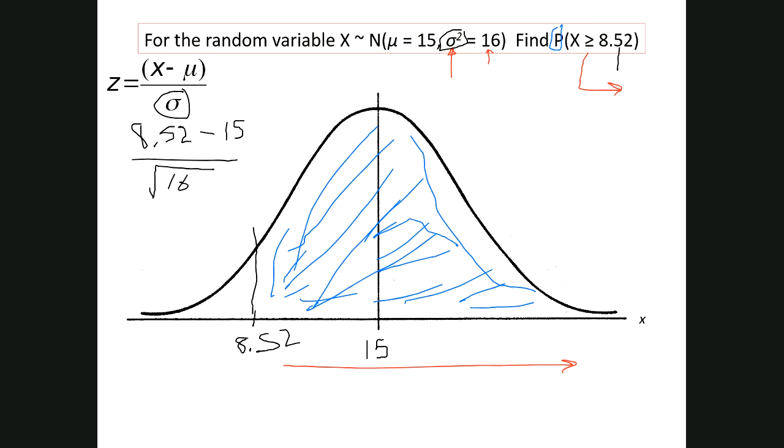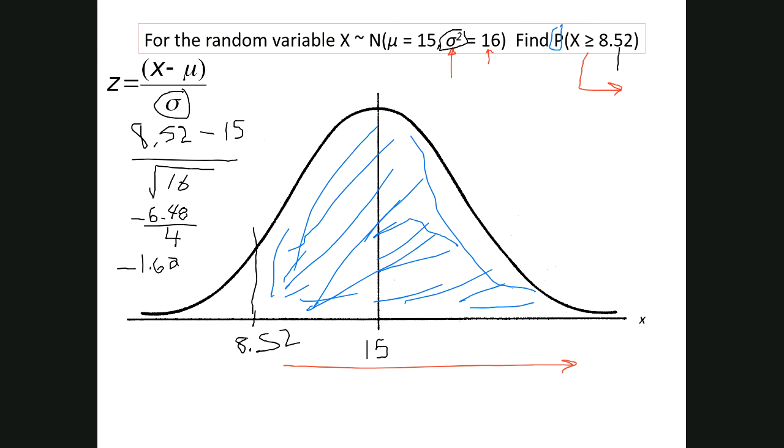And so this is going to be, of course, you know the square root of 16 is 4. 8.52 minus 15 is negative 6.48, divided by 4. And this is negative 1.62.